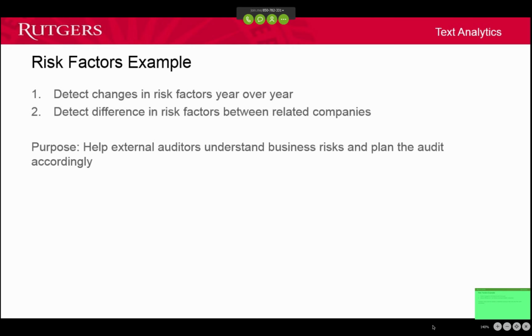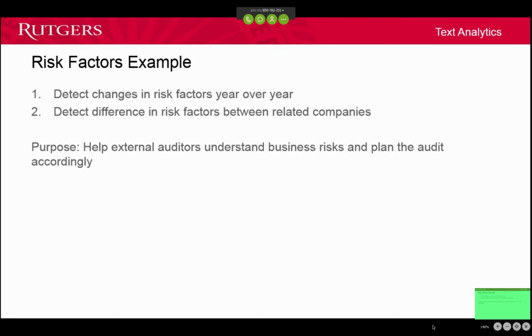So I want to see if within a company, there's a new risk from one year to the next. So I know that external auditors, when they're evaluating companies, they'll look at this section, and they'll manually read these sections to see if there are changes from one year to the next. Then I want to detect differences in risk factors between related companies.